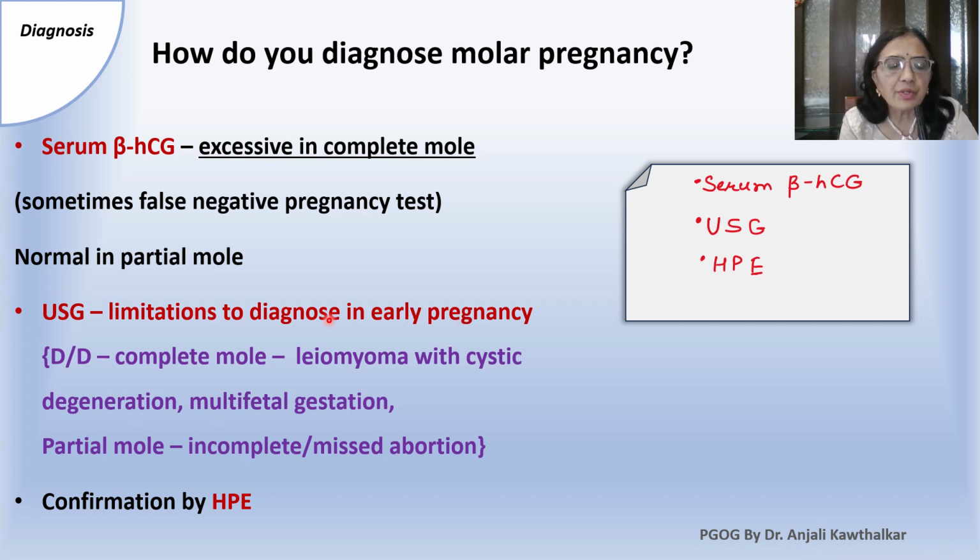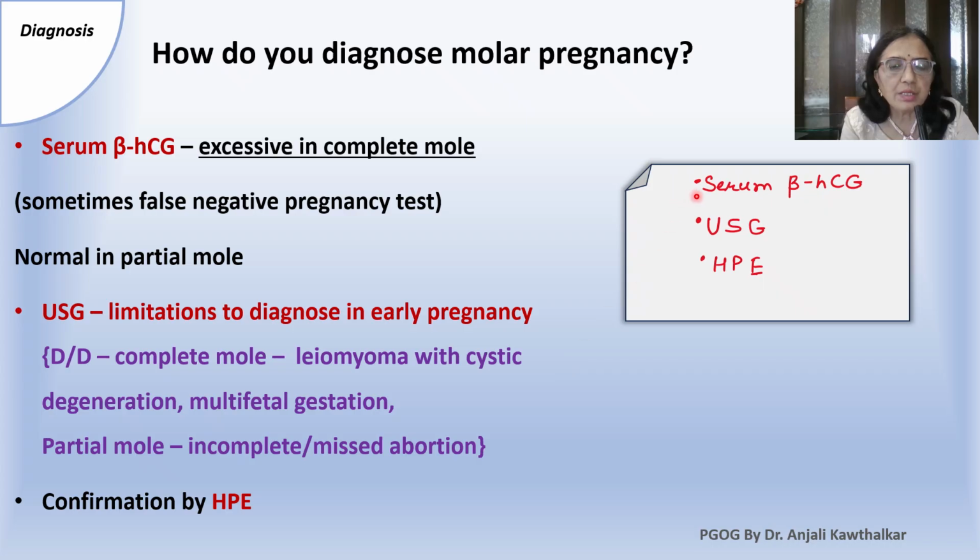What is the differential diagnosis ultrasonographically between partial and complete molar pregnancy? For a complete mole, the differential diagnosis is leiomyoma with cystic degeneration or multifetal gestation. For partial mole, the differential diagnosis is incomplete or missed abortion. Confirmation of the diagnosis is by histopathological examination.